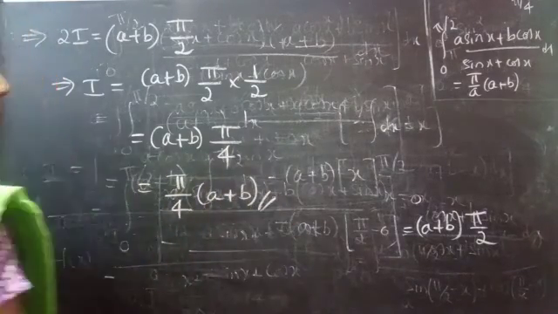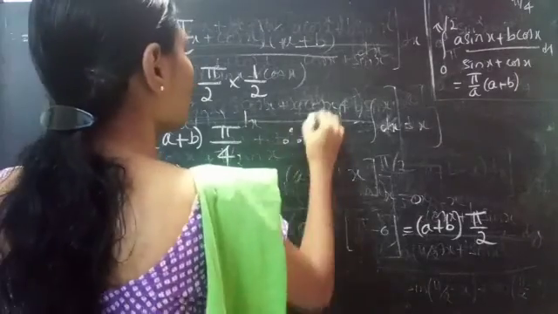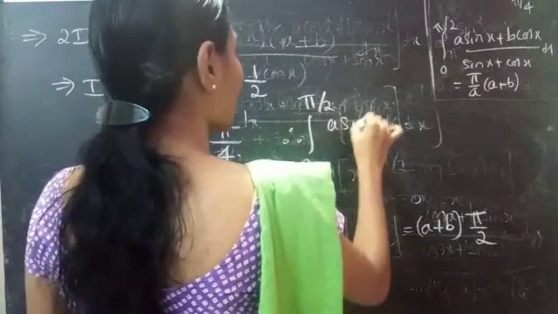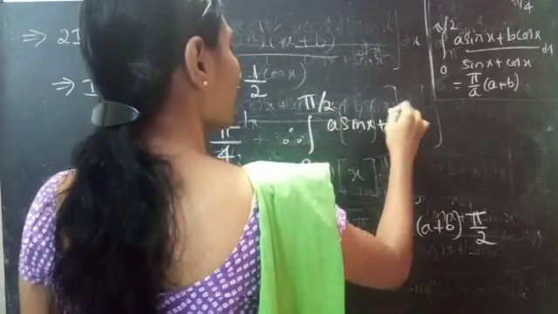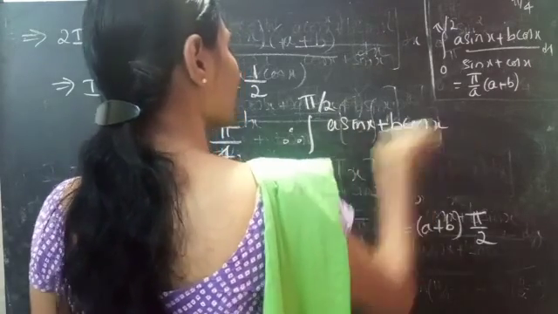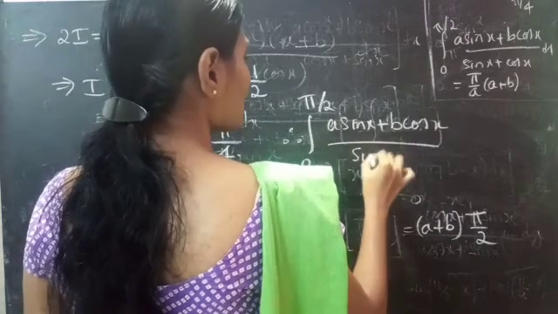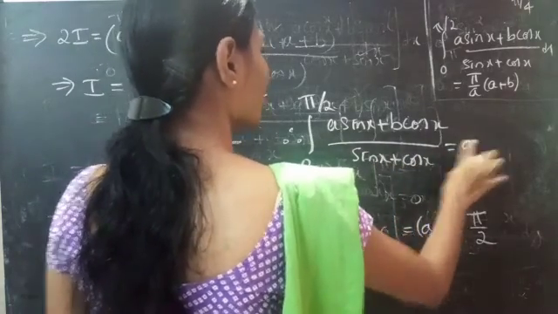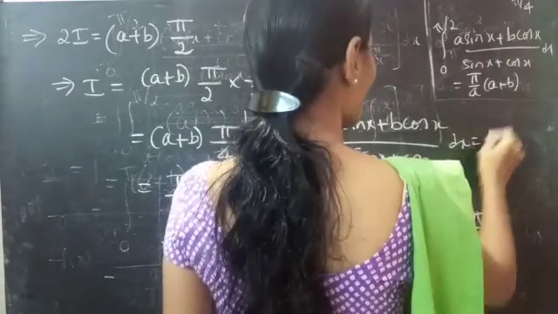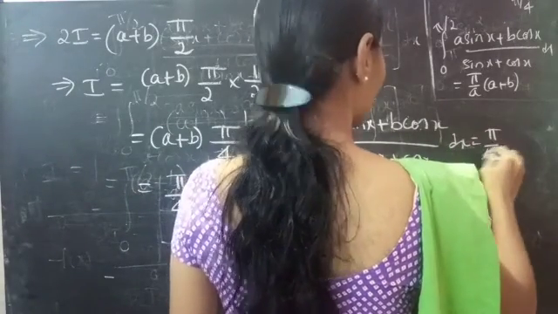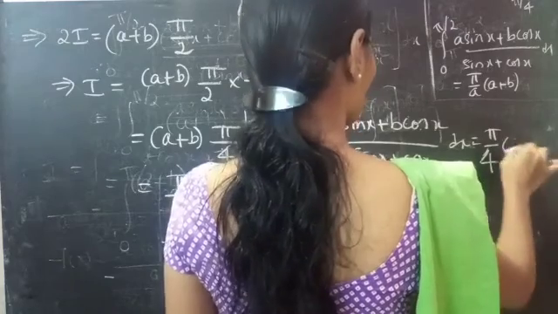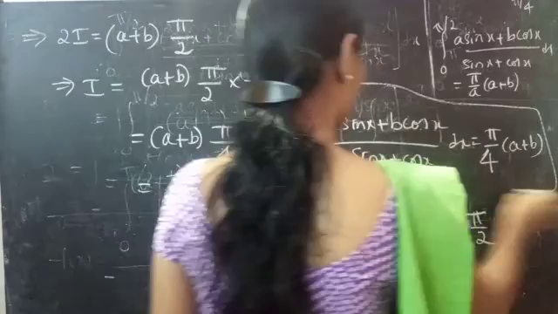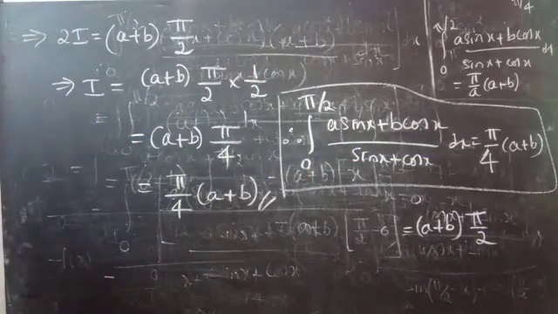So this is the required answer. Therefore, integral 0 to pi by 2 of a sin x plus b cos x by sin x plus cos x dx equals pi by 4 into a plus b. So this completes the problem.